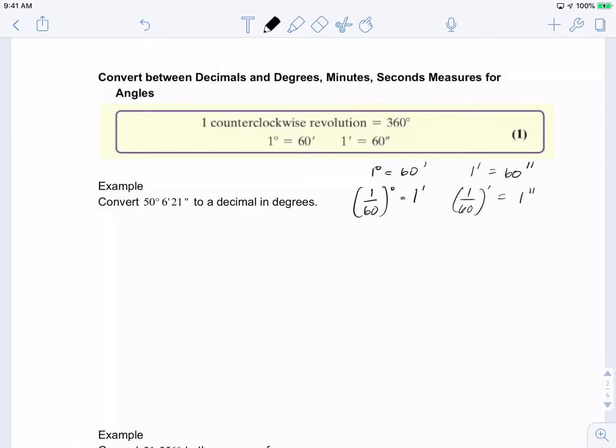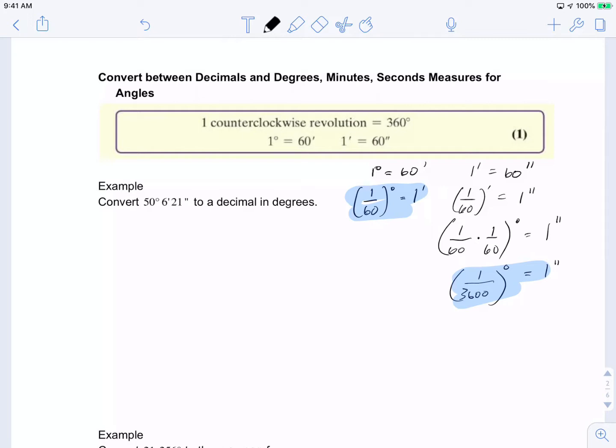But that can even be cleaned up, and so we can see it as 1/60 times 1/60, and instead of being a minute, we're going to change it to degrees. And then that 1 second is the same as 1 over 3,600 degrees. And that's important because those are the measures that we're going to use to do conversions. It's these guys. So these are the ones you really want to know.